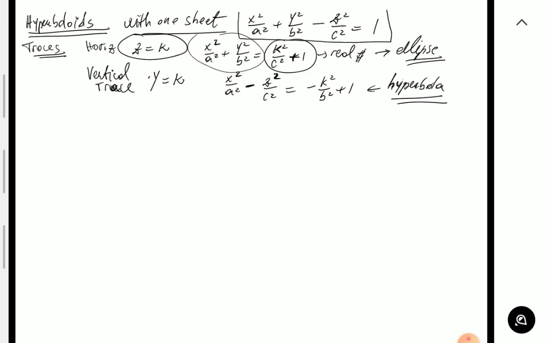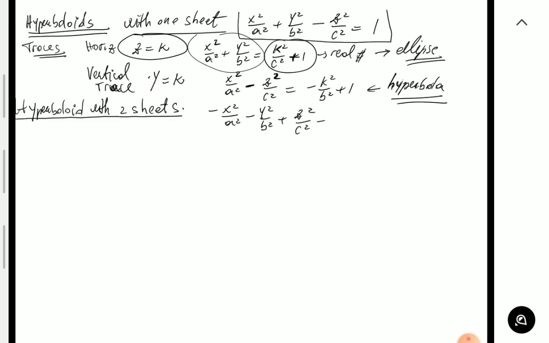On the other hand, and now comes the other type of hyperboloid, the hyperboloid with two sheets. That one, the equation has two negatives and one positive. And in this case, if you look carefully, and we should do that with an example, maybe.